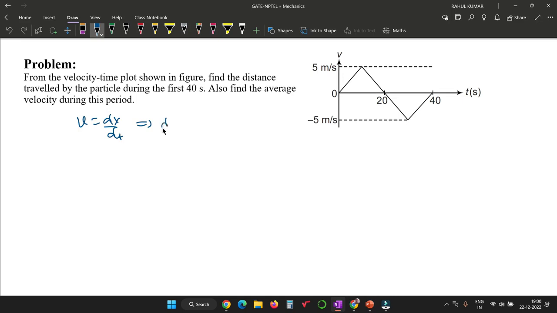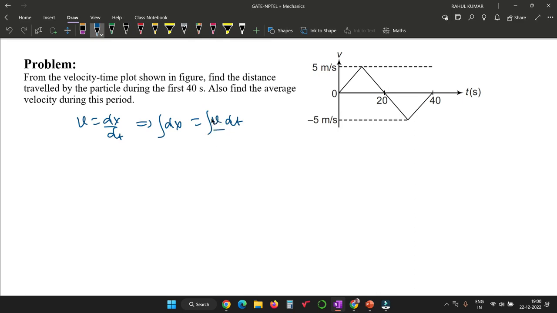And dx is v dt. I have told you that when you integrate the vt diagram, then you will get the position at a certain time. But when you want to find the displacement, you find the area under the VT diagram.